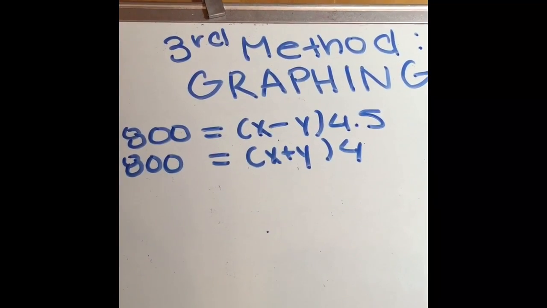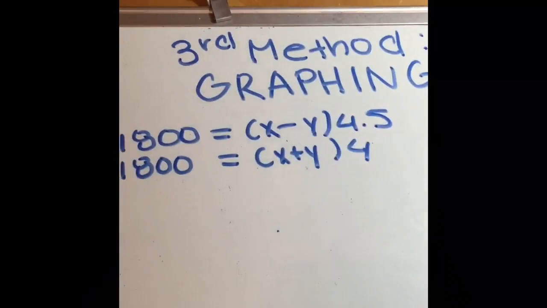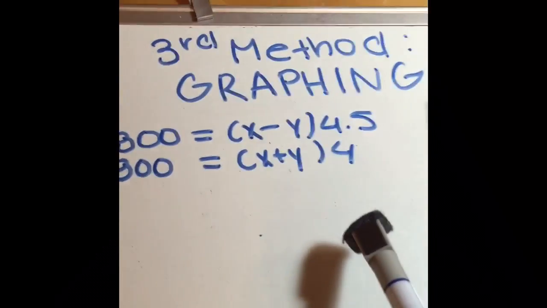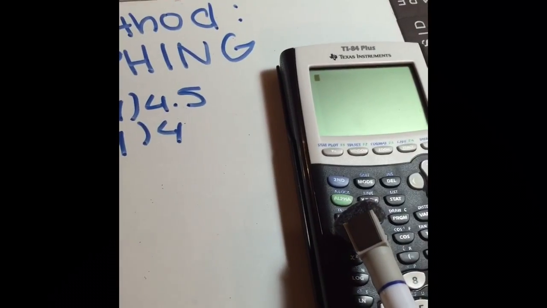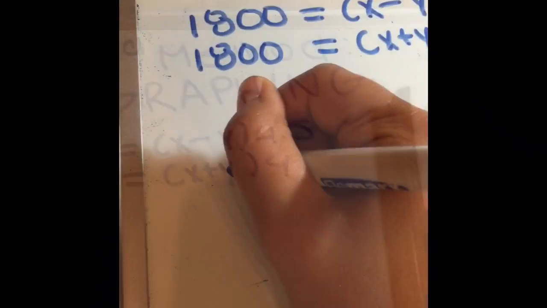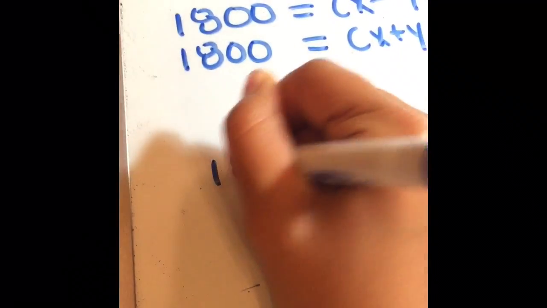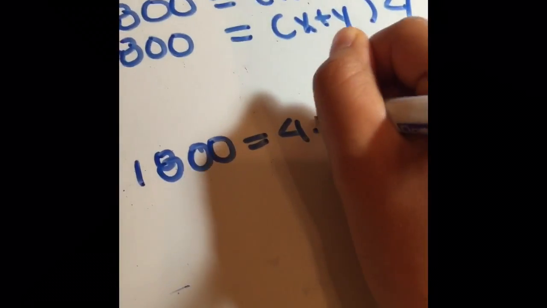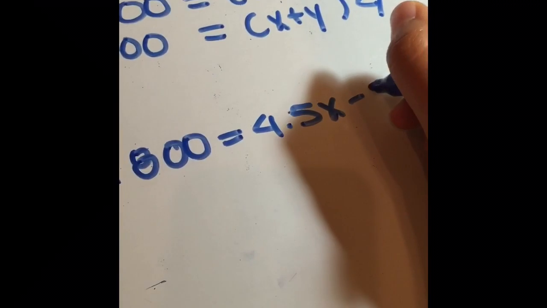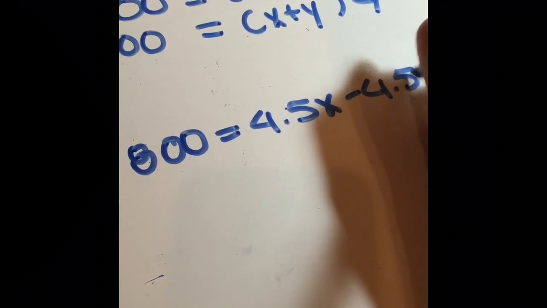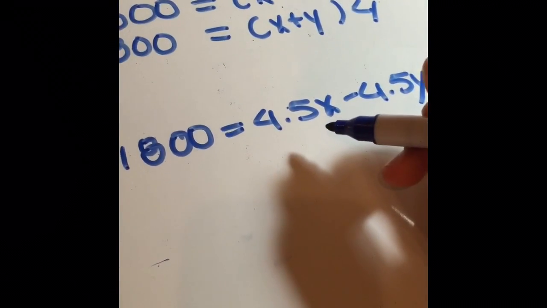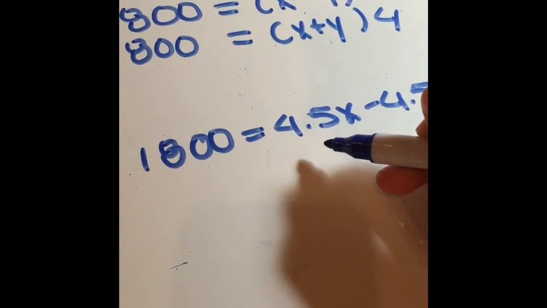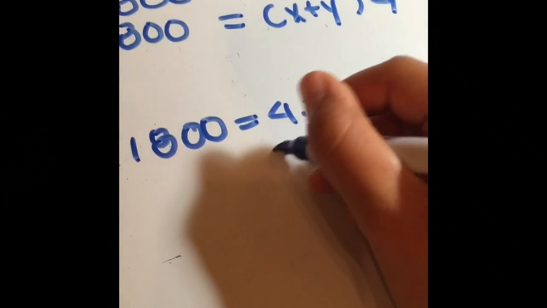The third method of solving this problem is by graphing. All we have to do is solve both of these equations for y and then plug those two equations into the calculator to solve for the intersection point. To solve the first equation for y, we have to first distribute the values, which goes back to the beginning where we have 1800 equals 4.5x minus 4.5y. Now, instead of getting the x value alone, we want to get the y value alone. By doing that, we subtract 4.5x from both sides.